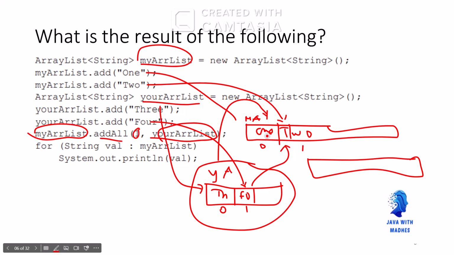At the 0th position in my array list, as usual we are having 1 only. But in the first position we have to add your array list. So this 3 will be added here.